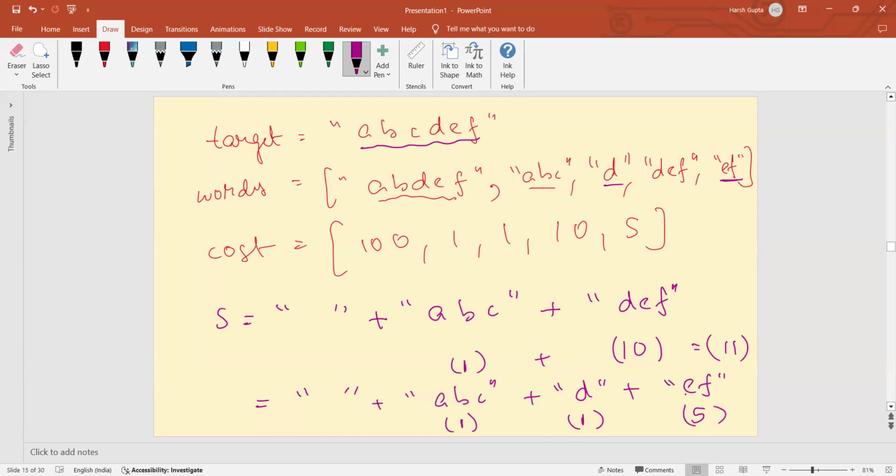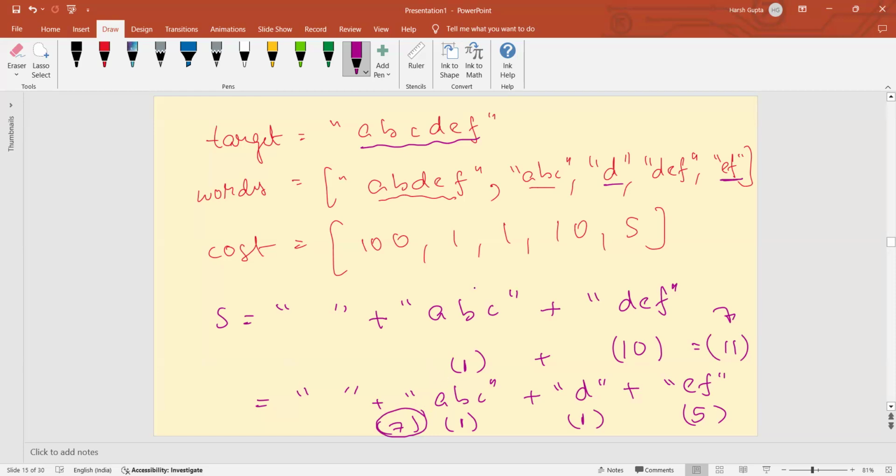So now if you look at the total cost, you have achieved your target string, A, B, C, D, E, F, and the total cost is 7. That is less than the cost you achieved earlier, isn't it? So the question is that you can do some operations like this, and you need to form the target string at the minimum cost possible. And if you are able to do so, just return that minimum cost.